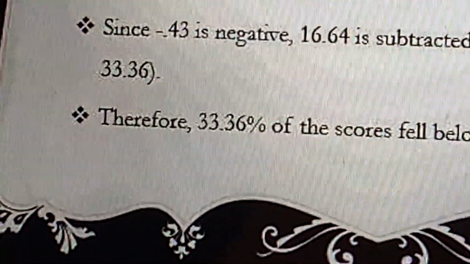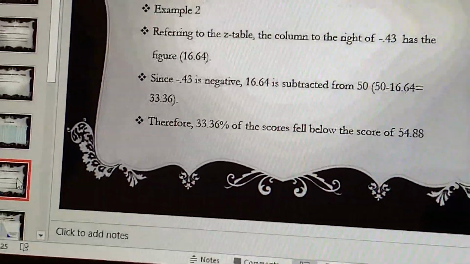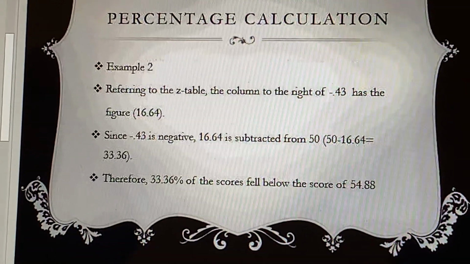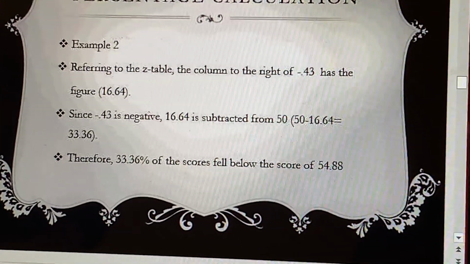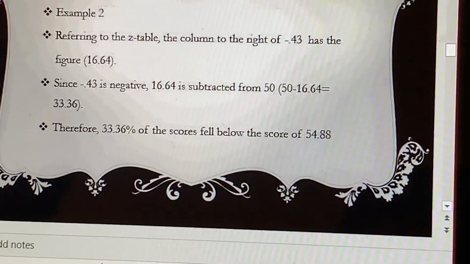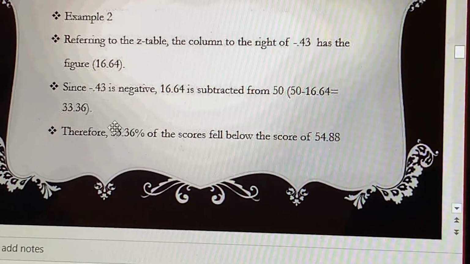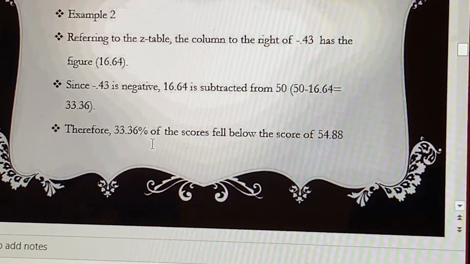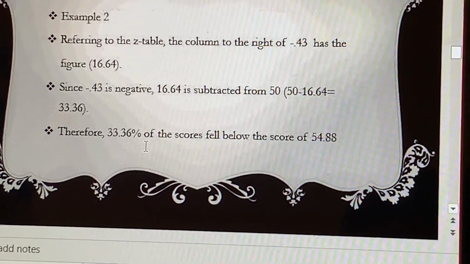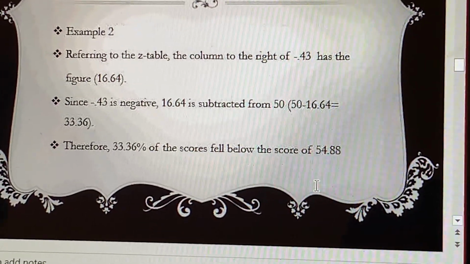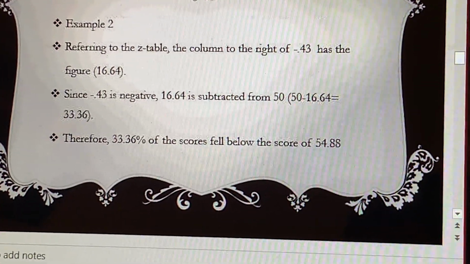That's 16.64% between that number and the mean, which means since it's negative, you subtract 16.64 from 50, and that will give you 33.36%. That means that 33.36% of the scores fell below the score of 54.87 in this distribution.